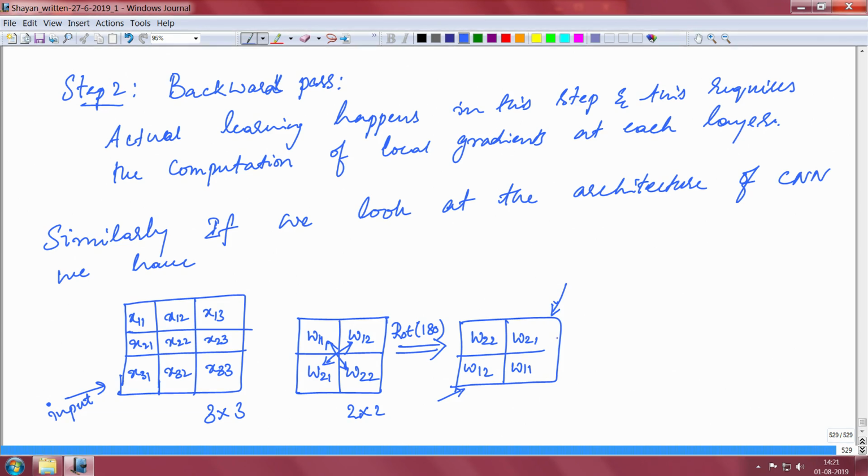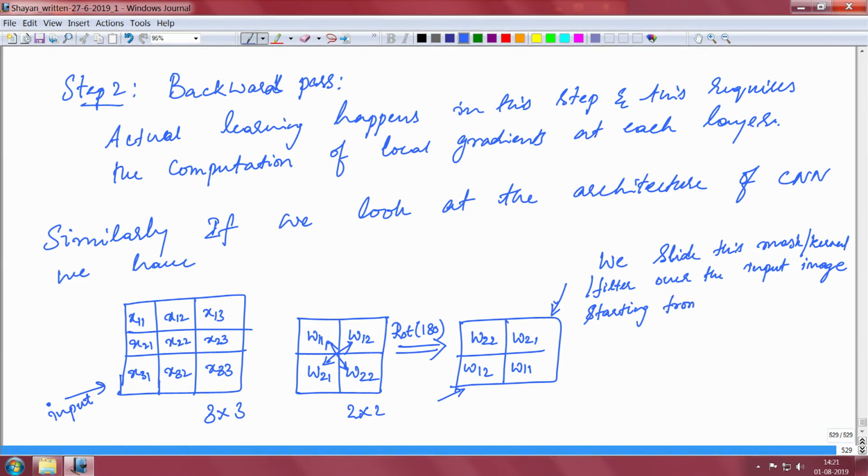And we slide this mask or kernel, or we call that as filter, over the input image starting from top left corner to the bottom right corner.